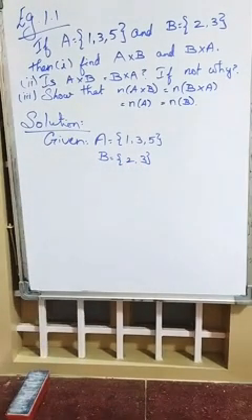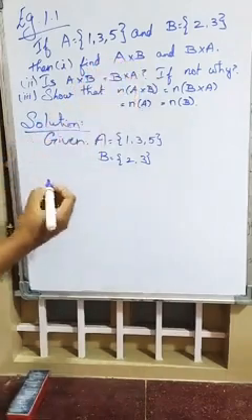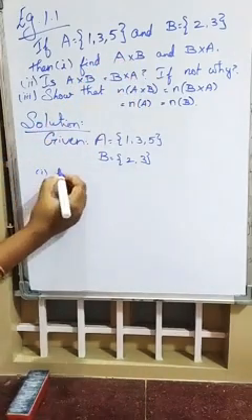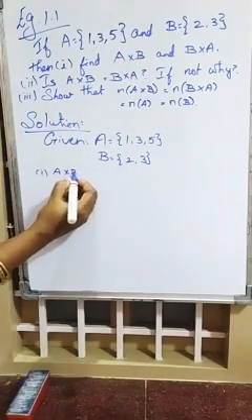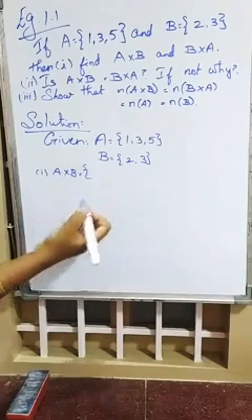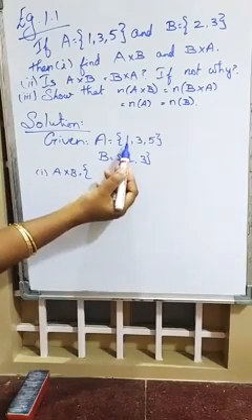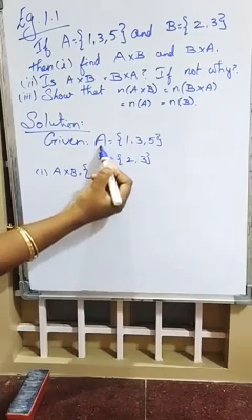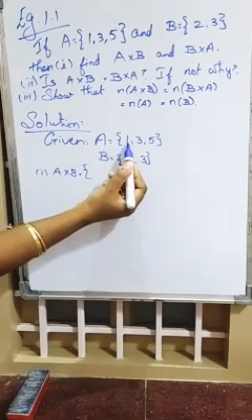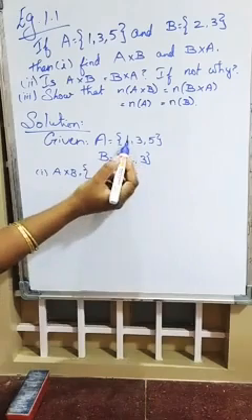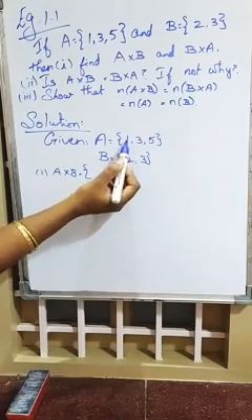Find A cross B. Therefore, A cross B is equal to, from the first element of A, you have to write the ordered pairs (1, 2), (1, 3).